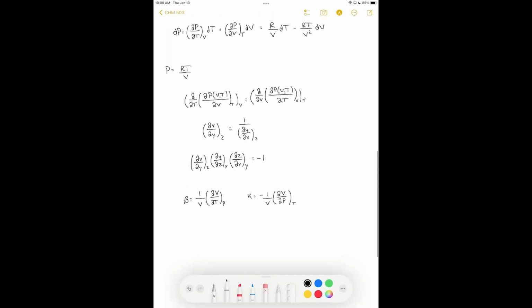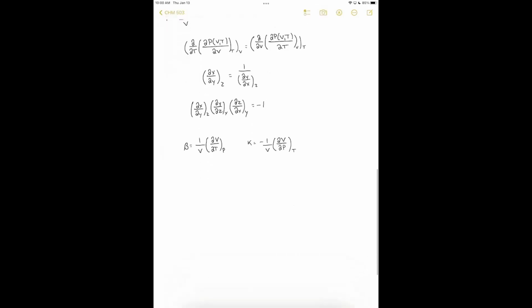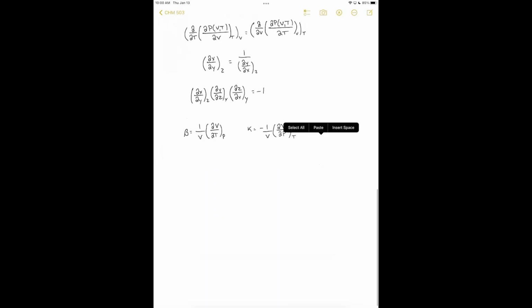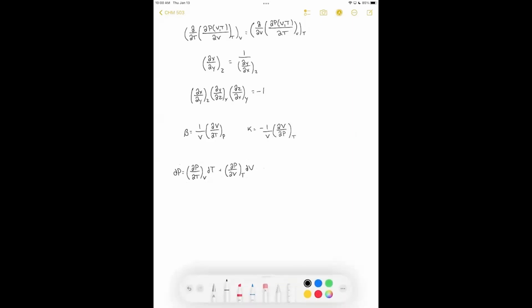What we're going to do, and we'll see this in class, is take this expression up here, where we had an expression for dP in terms of dP/dT and dP/dV. We are going to rewrite this in terms of beta and kappa. And we'll do this using these two rules especially.